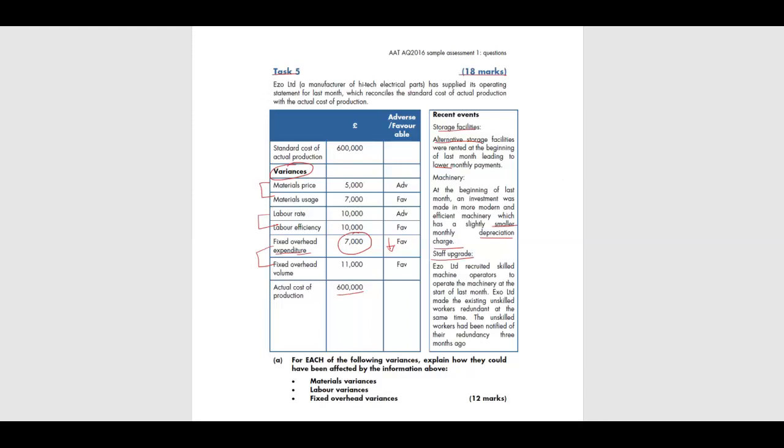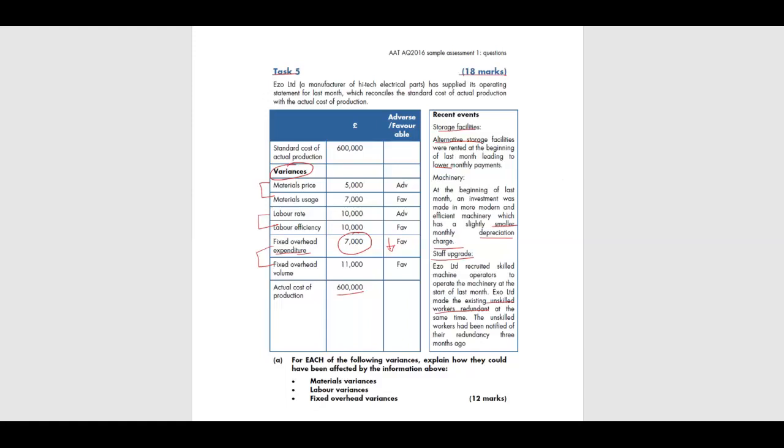So basically they got rid of some unskilled labor at the same time. Obviously that will bring some cost. If you see the labor cost is adverse, that could be one of the reasons, because the existing labor is redundant. Of course, you have to pay some money to those employees who are redundant.